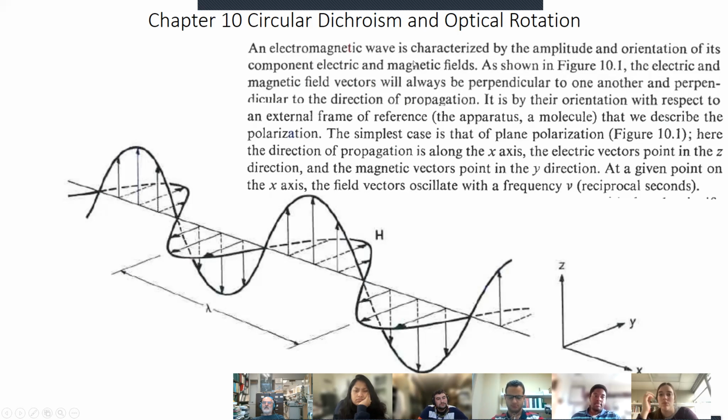The electric vector induces a magnetic vector that is perpendicular to the electric vector. So the electric vector is usually called E, and the magnetic vector is usually called H. Here we go up here. So this is E, and this is H. And it's always perpendicular.